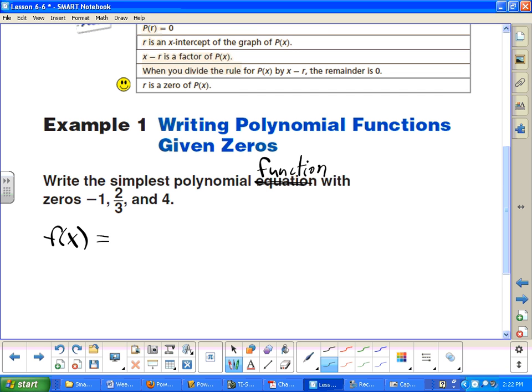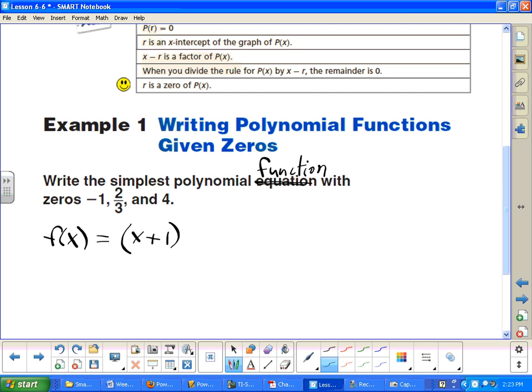So to be able to get it into standard form, we have to first write it in some other form. Okay? If I know the zeros, what do the zeros help me with? Okay, the factors. It helps me with the factors. So I know there's a factor of, if I have a 0 at negative 1, there's a factor of x plus 1.